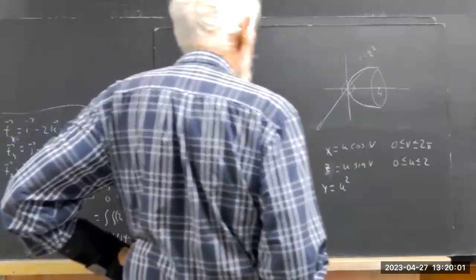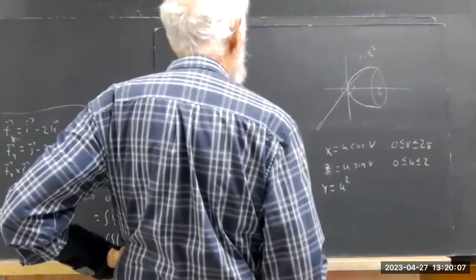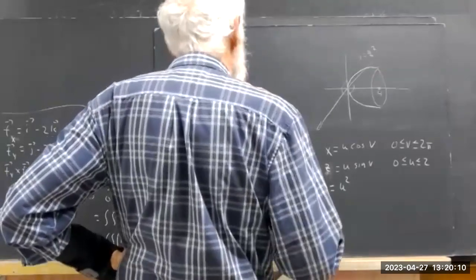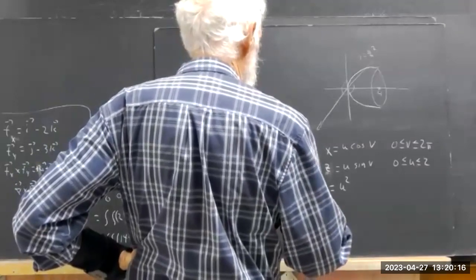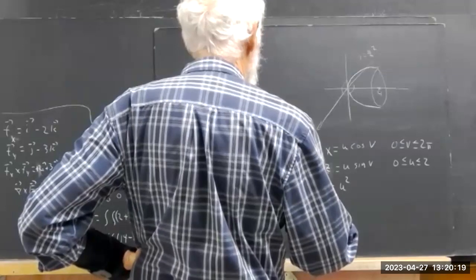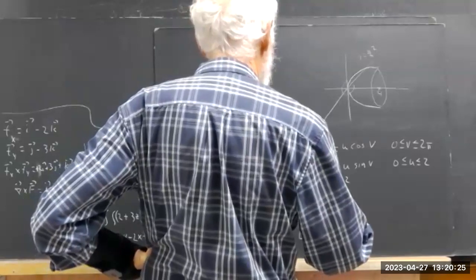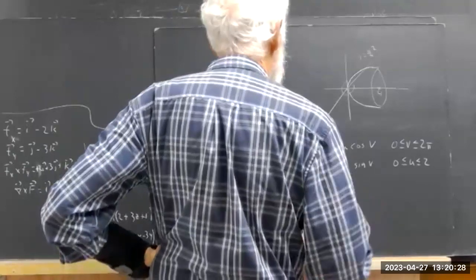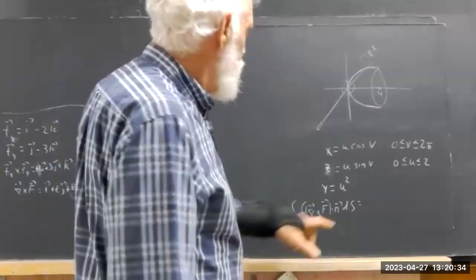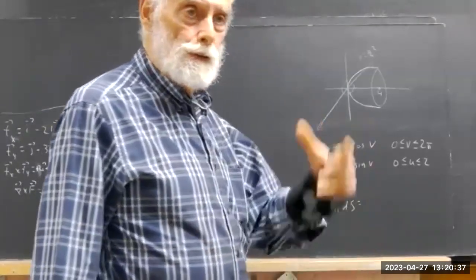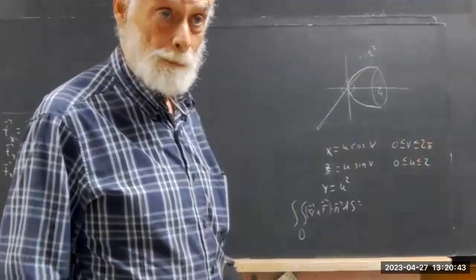Your surface integral of curl F dot n dS. Your n dS is basically just your Tu cross Tv, with a du dv.